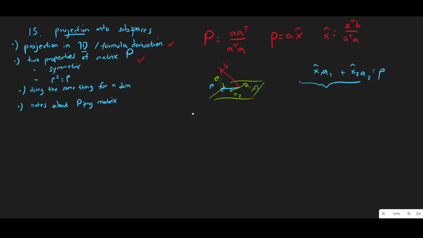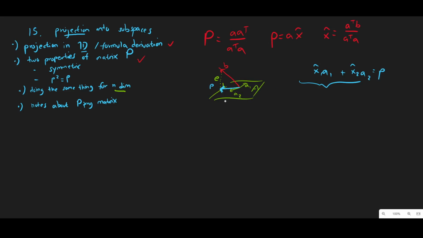Now let's go into point number 3. So let's do the same thing but for an n-dimensional matrix. So we have our subspace of A here, and then again we have some vector b that we want to project into that subspace of A, thus we get the projection p.